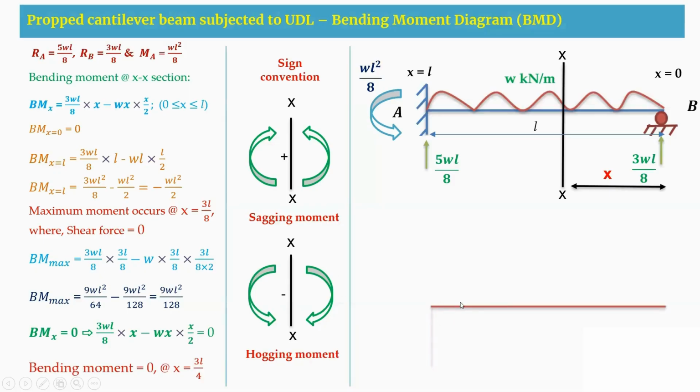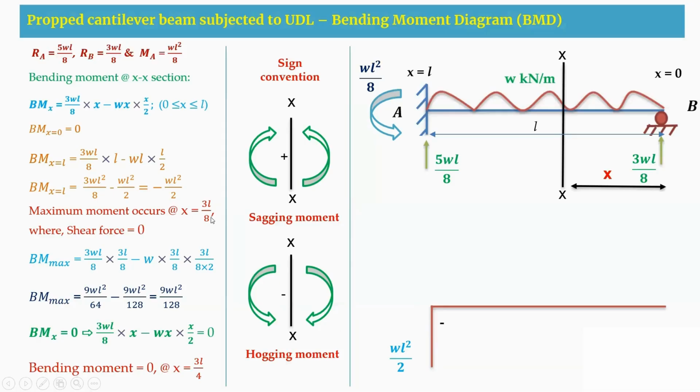So this is an AB beam. At B support, I am having a moment of 0. At X is equal to L, that is A support, I am getting minus WL square by 2. That is the reason I have drawn the bending moment in the downward direction. This is a negative value.